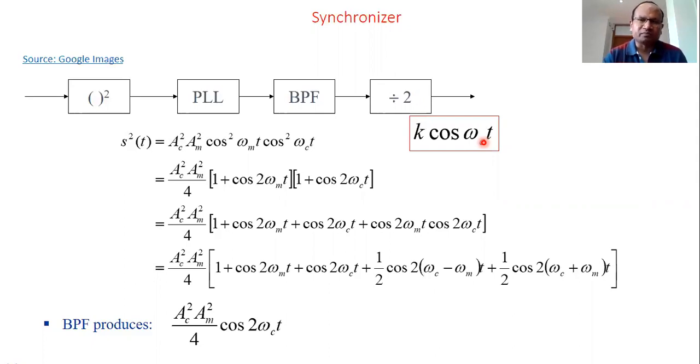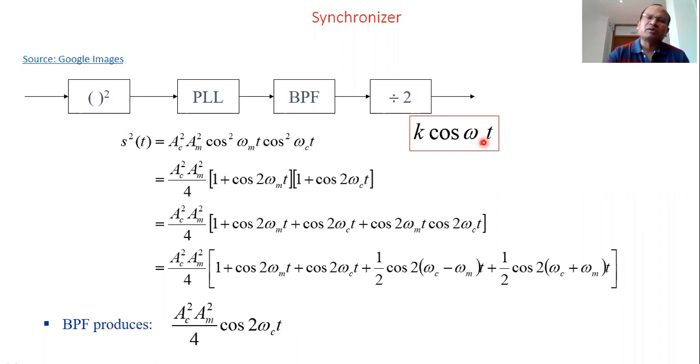So that is one problem. Second, the channel may cause some phase drift or phase deviation, and that phase deviation also causes attenuation in the communication. So there are difficulties, phase drift as well as frequency drift, if we are not able to generate the exact carrier signal at the receiver.